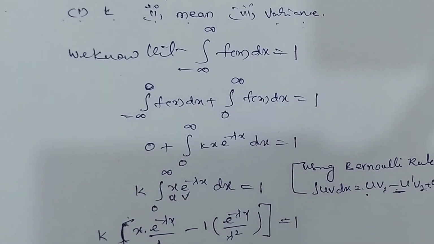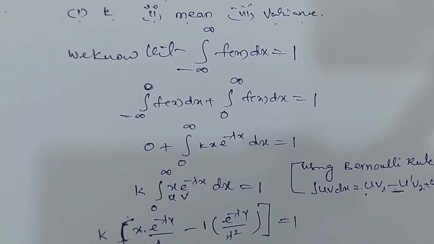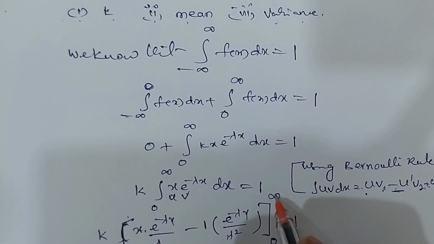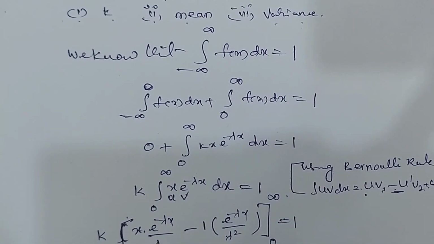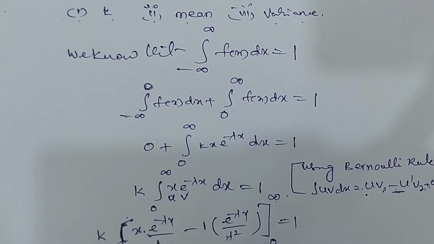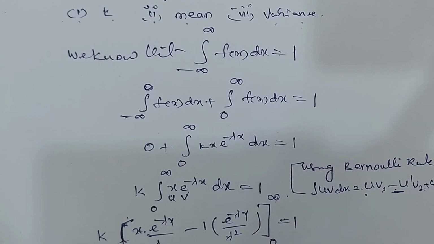Next, k into, applying the limits 0 to infinity. In the first term, x into this value is 0 at the upper limit, and at the lower limit it is 0.